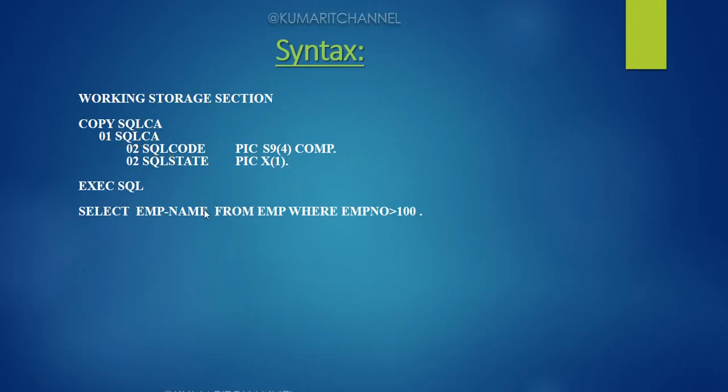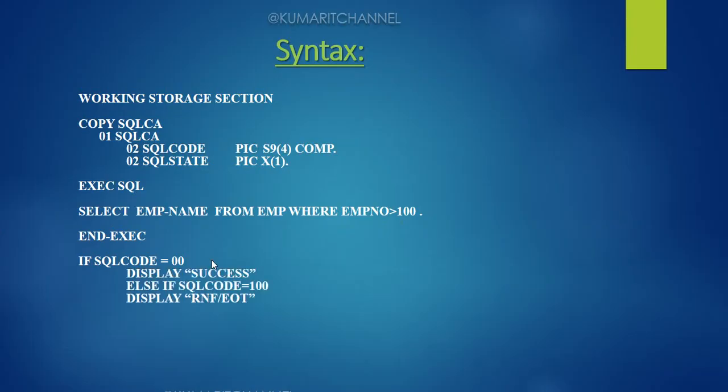Okay, now I'm trying to retrieve a record: employee name from employee where employee number is greater than 100. Then IF SQLCODE equal to 0, display success, else if SQLCODE equal to 100, then display row not found or end of the table. Otherwise display error.